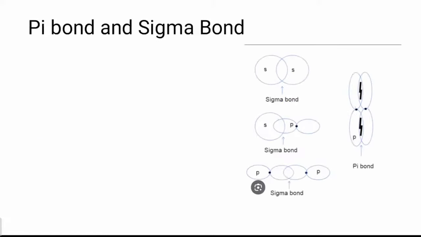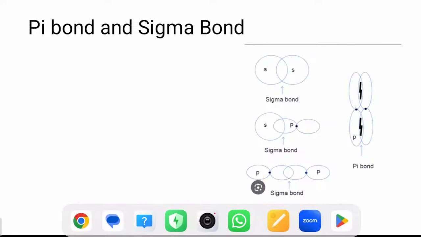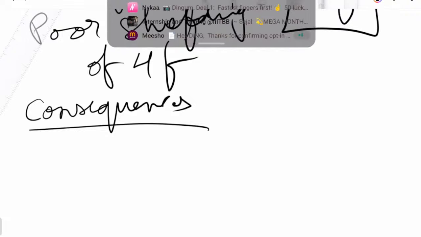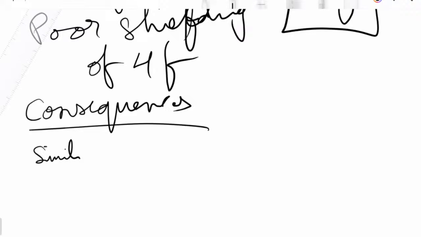Okay. And what are its consequences? We have understood what lanthanoid contraction is, but what are its consequences? When we talk about consequences, this is where some questions can be found. First, there is similar or nearly the same radius, so there is no separation. We cannot differentiate which has higher radii or less.